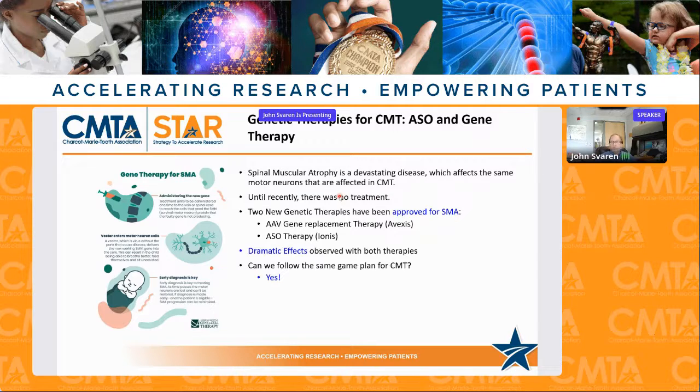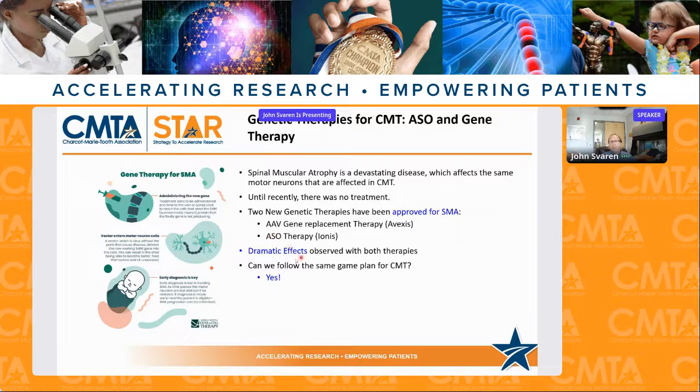But in the last few years, there have been 2 new genetic therapies that have gone through clinical trials and have received FDA approval. And this includes AAV gene replacement therapy and also ASO therapies. And these are genetic therapies that have really been transformative for individuals with SMA. And these have shown dramatic effects, and they've now been approved by the FDA.